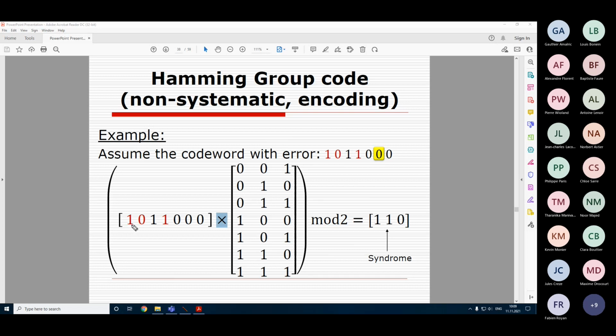Yes, so for the first column of this one, let us calculate it manually.